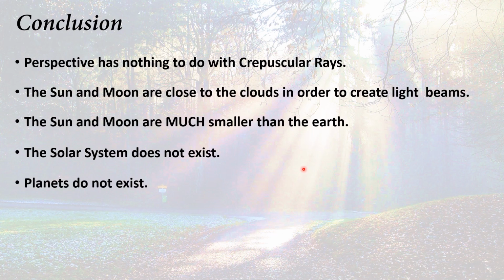What we're looking at here are planets. If there's no sun, there are no planets rotating around the sun. You see what I'm saying? There's a clear domino effect of conclusions here.